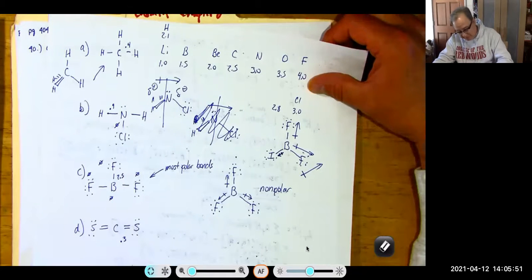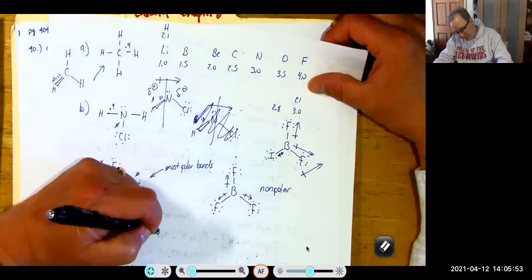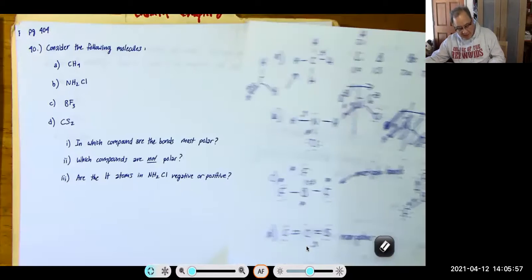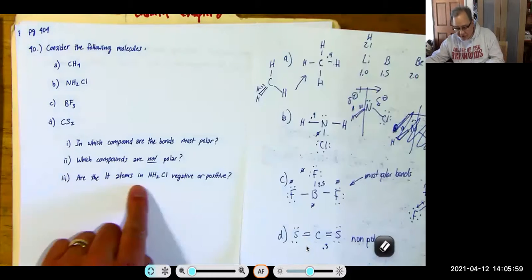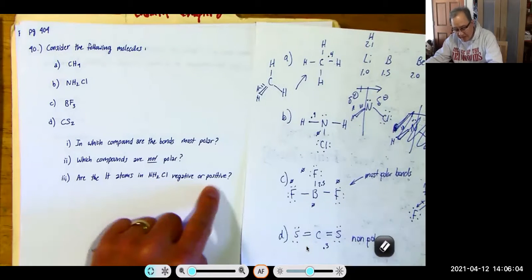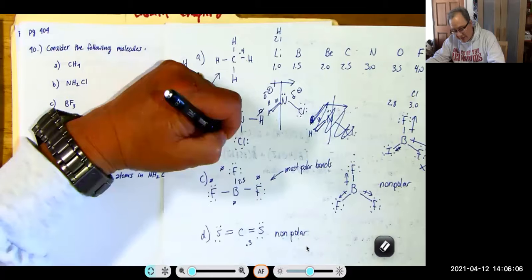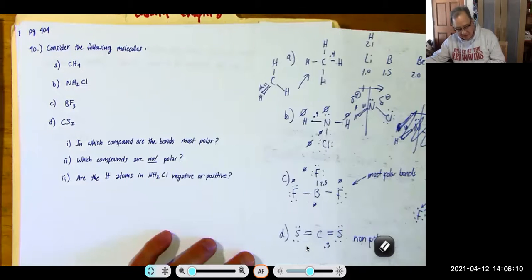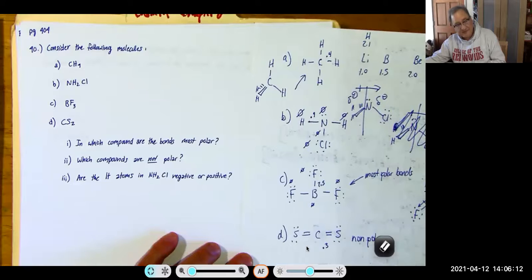Okay, how about this one? Non-polar, right? Okay, are the H atoms in NH2Cl negative or positive? Well, I would say that they all have zero formal charges, so they're neither. Fair enough?